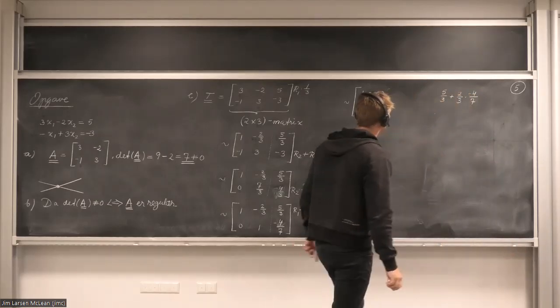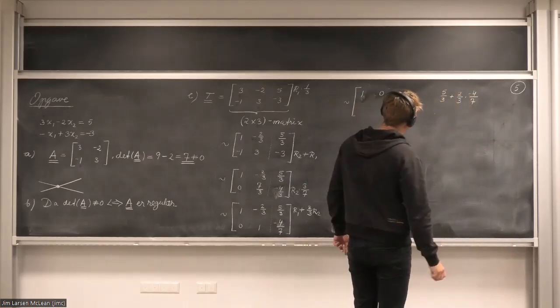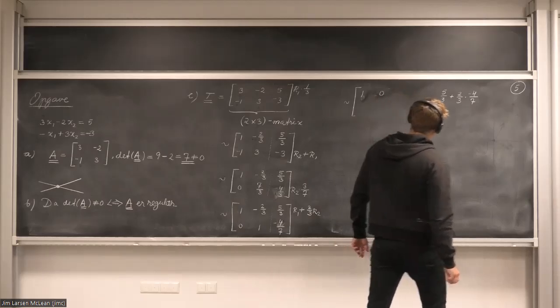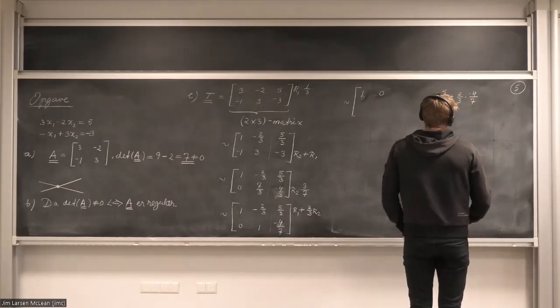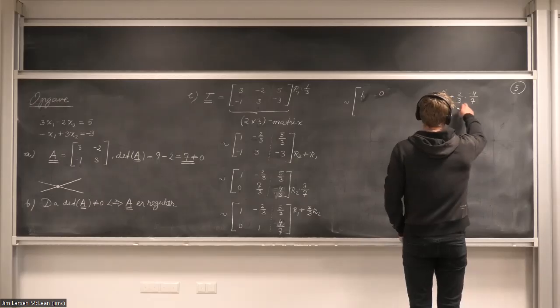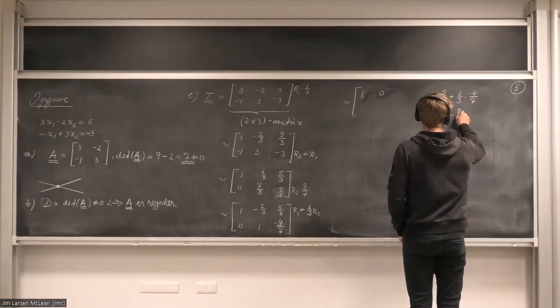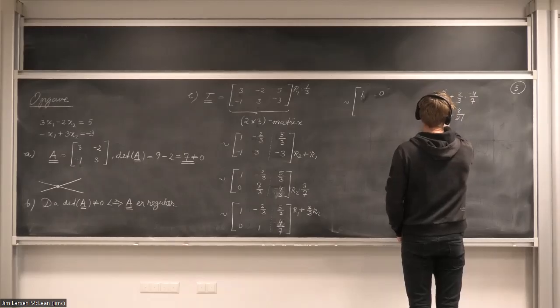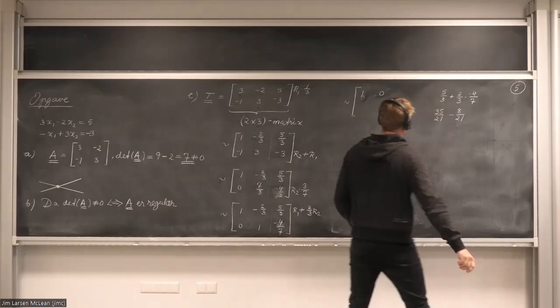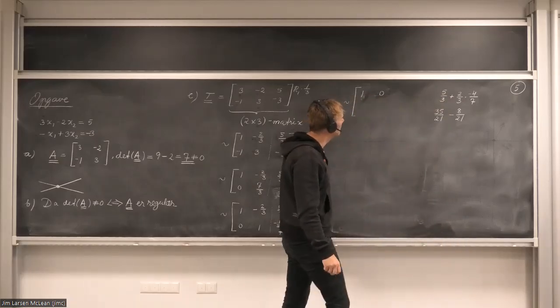Does it look right? And what can we do with that? -8 over 21 is written there like this. And if I extend by 7, it gives 35 over 21. Isn't that right?